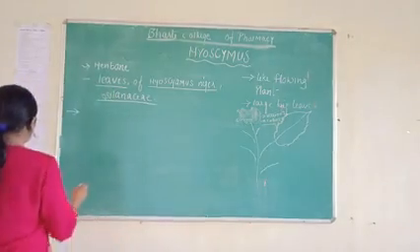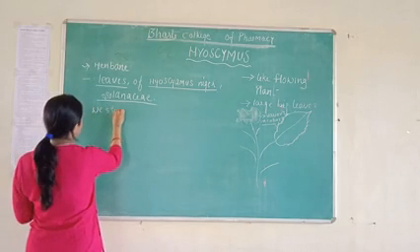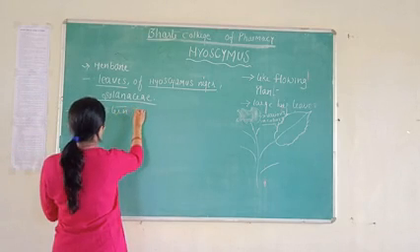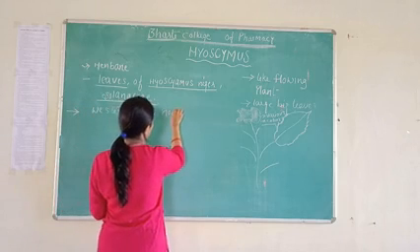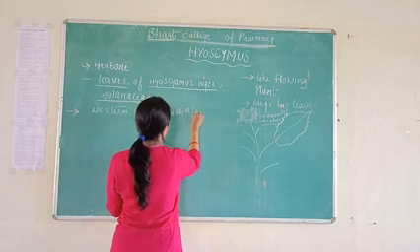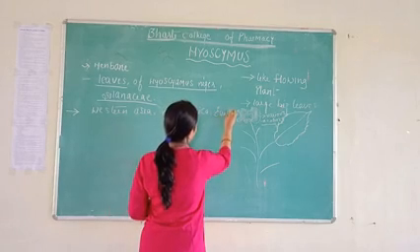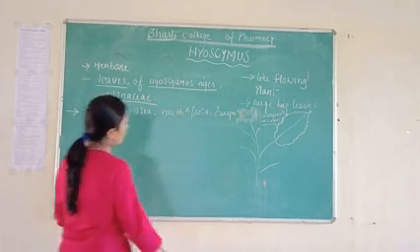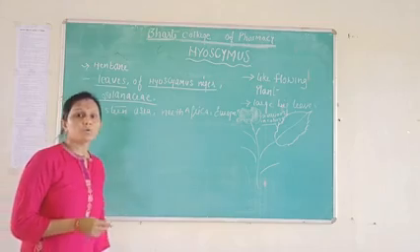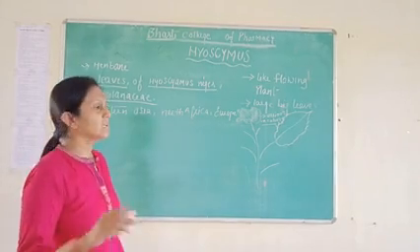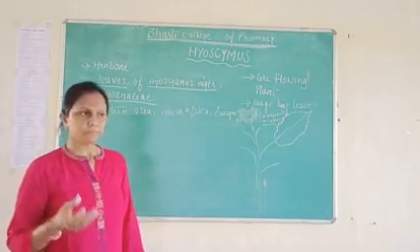So it is cultivated in Western Asia, North Africa and Europe. These are the places where Hyoscyamus is cultivated more and more.